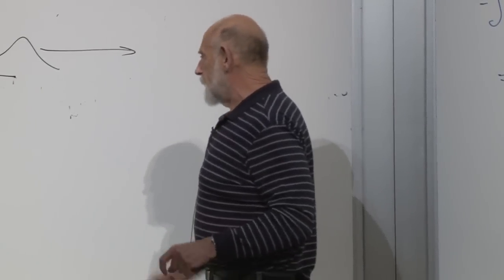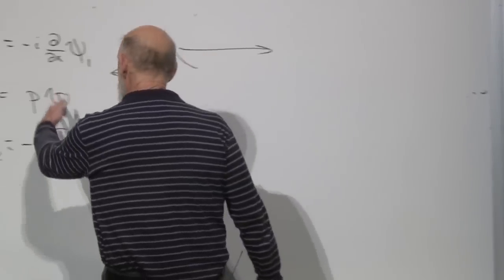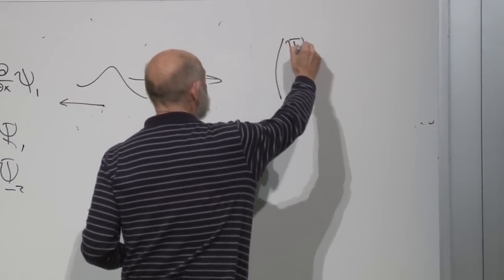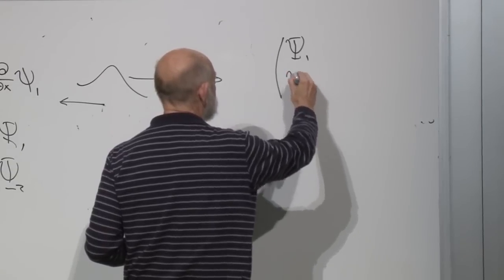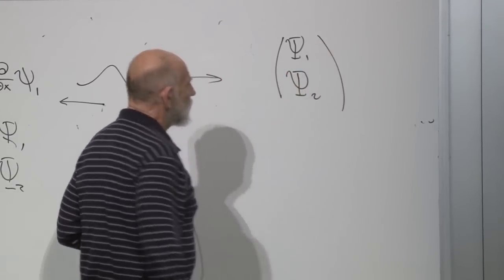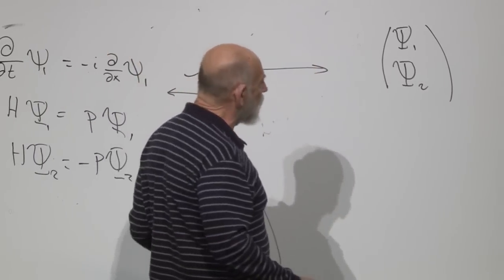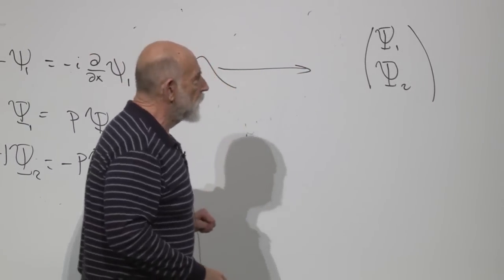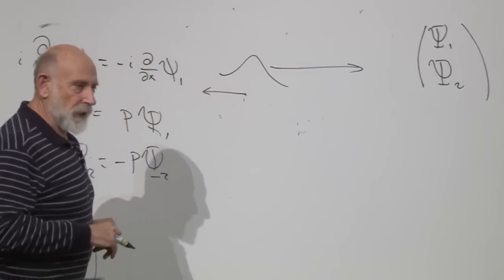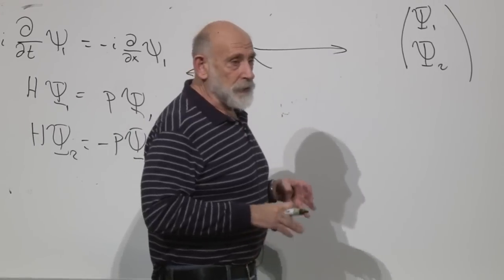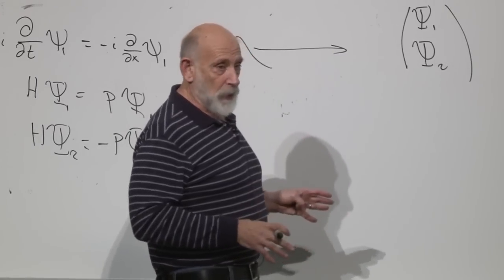Then we combined these two equations by taking psi 1 and psi 2 and making a column vector out of them. Quantum mechanically, this means the particle can either be of one type or the second type. So there's a new degree of freedom we discovered, we were inventing a new degree of freedom, which is above and beyond the momentum of the particle.